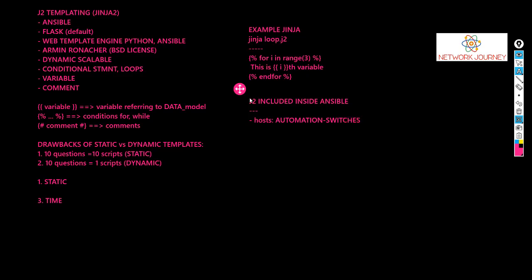I define all my variables and all those things, and at the end what I did was I showed you something called vars files. That's when you have your data model in an external file, and you just point to it, like interface.json, or you can write yml, right? Similarly, if you had this on your GitHub, you could have gone with git, used the repository, and defined that http and all those things.